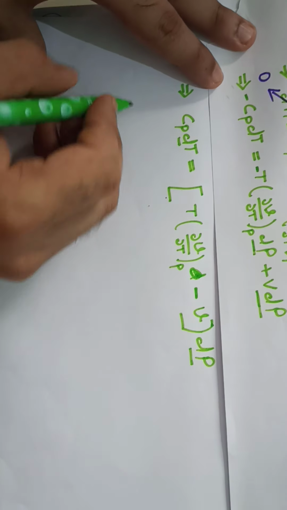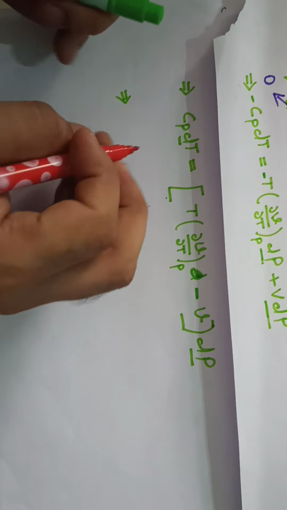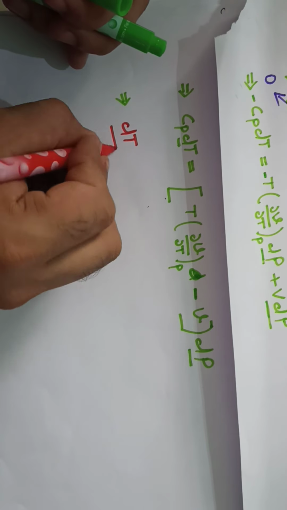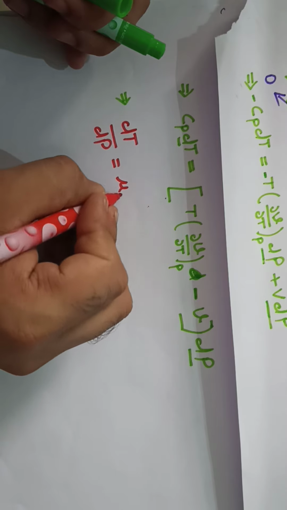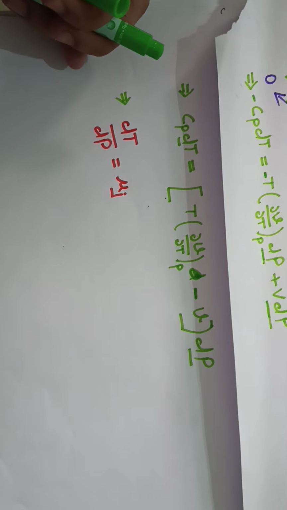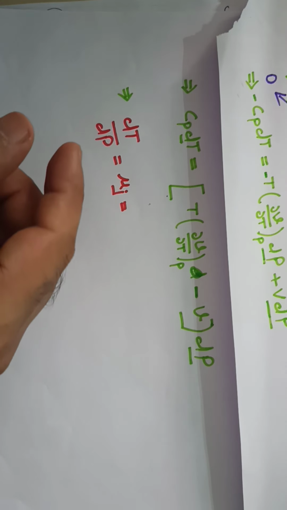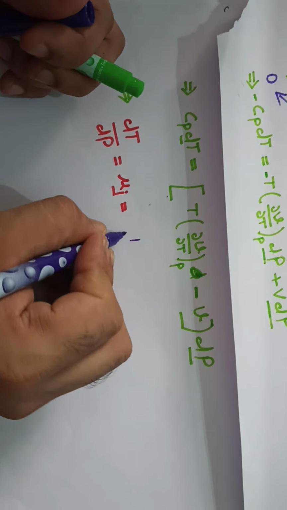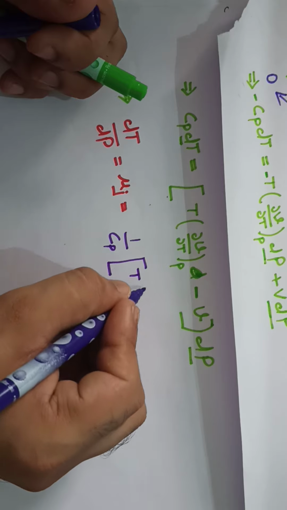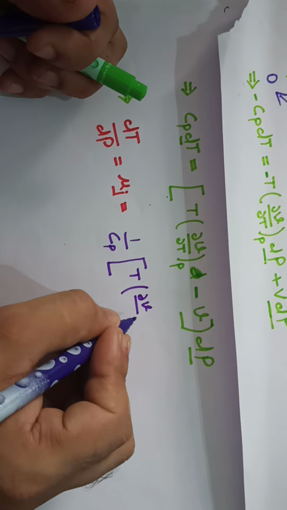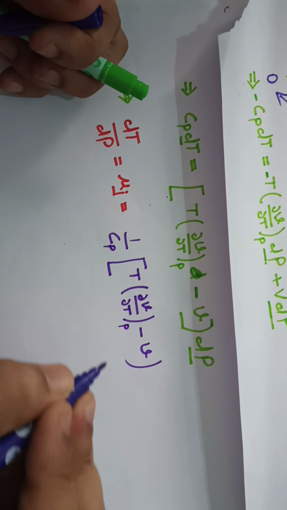So we will do some mathematical manipulations, and we get dT/dP, which is also known as the Joule Kelvin coefficient or Joule Thomson coefficient, denoted by mu j, and which will be equal to 1/Cp times [T (∂V/∂T) at constant pressure minus specific volume].